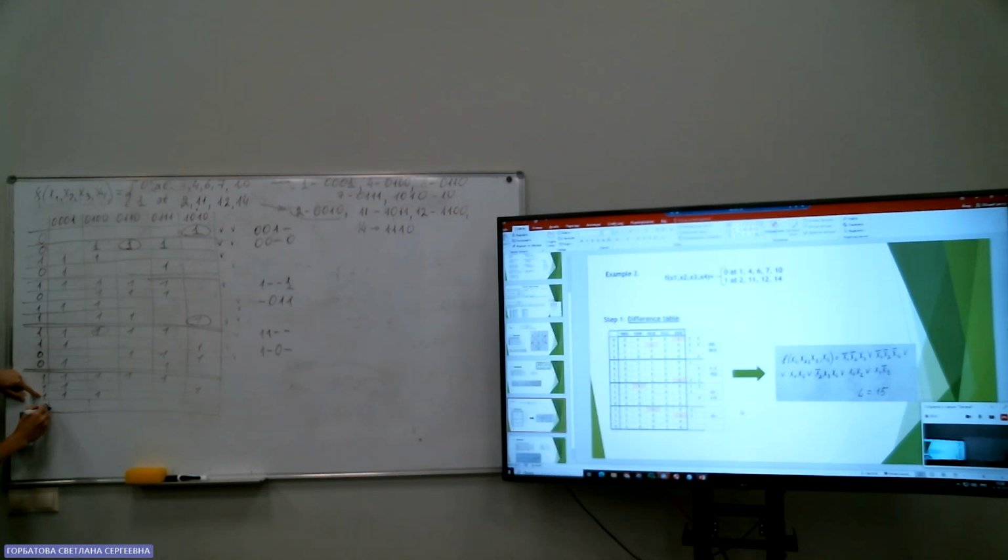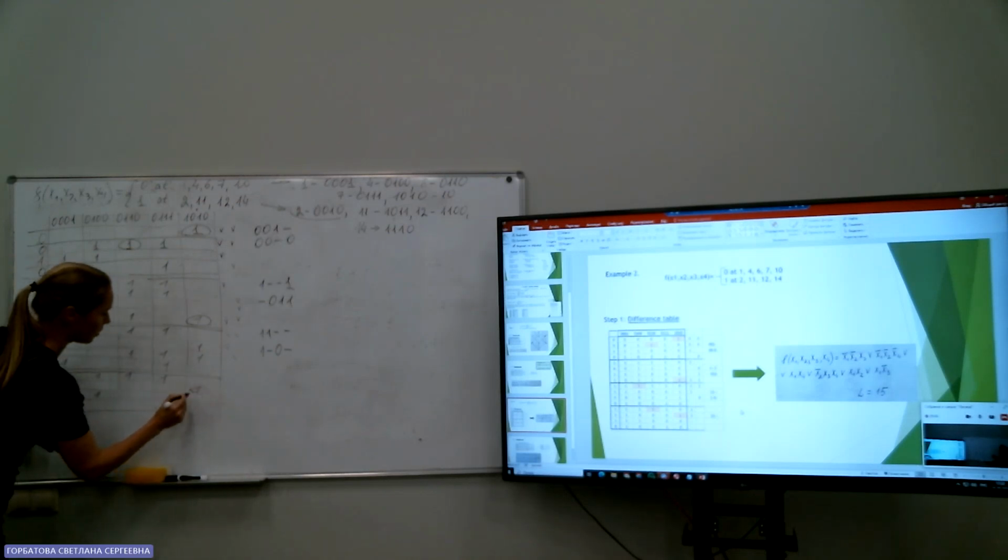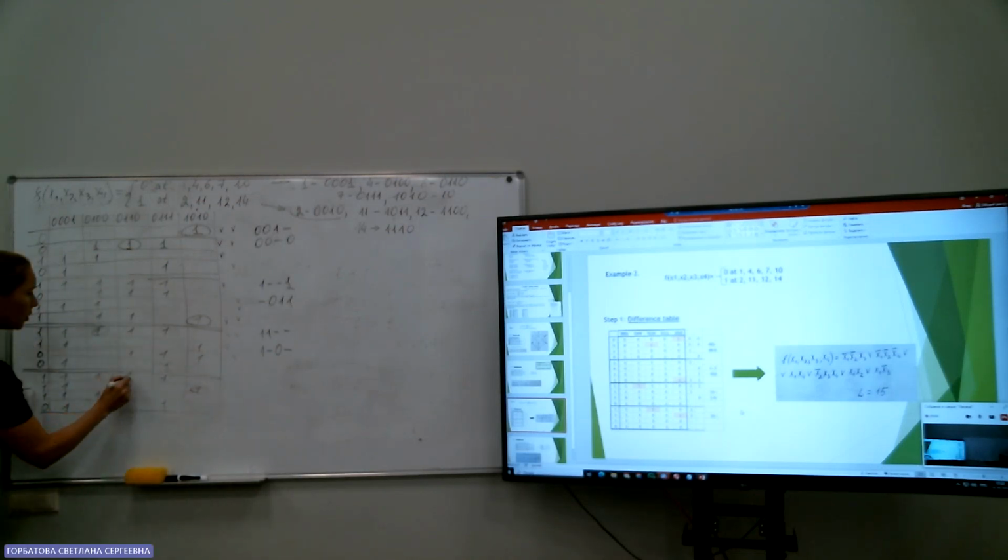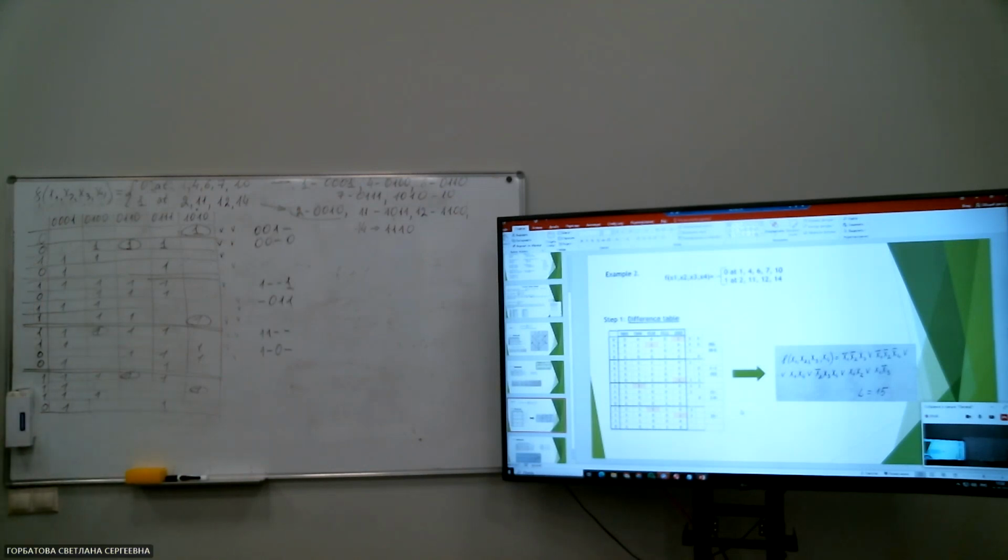And the last one, 1. So it is basis. It is basis. And when we have basis from rows which have digit 1 in each column, it is just one variant.